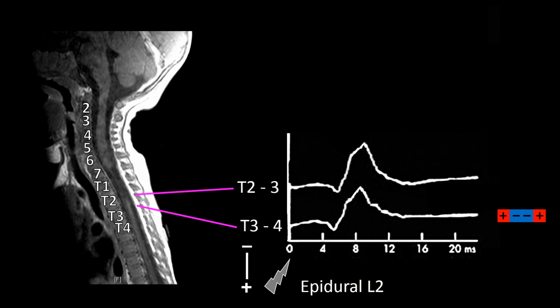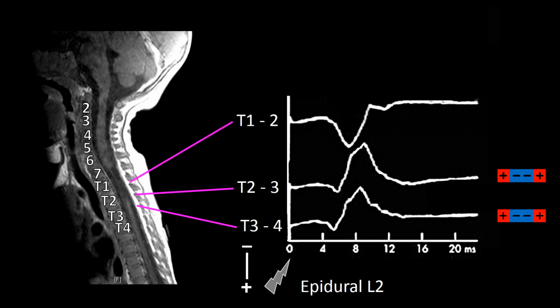The following derivation recorded from T2 to T3 records a similar configuration, again reflecting a healthy quadrupole.